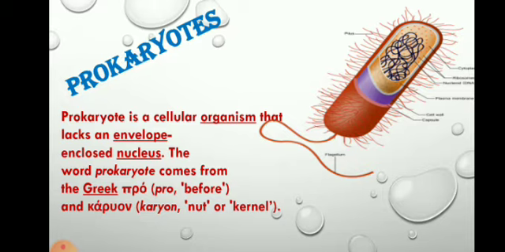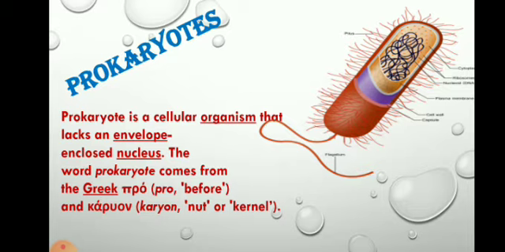Dear students, prokaryotes are unicellular organisms. They lack an enveloped, enclosed nucleus. So it means there is no nuclear membrane, no proper nucleus.